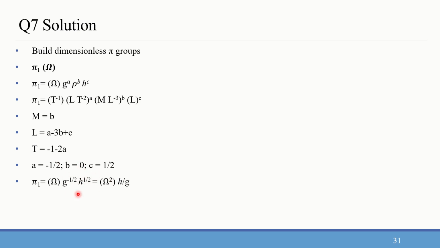Instead of having h by g to the power of 1 by 2, we are squaring the whole term, so sigma square h by g. Or else sigma into h power 1 by 2 divided by g power 1 by 2. That is also right. That is not a wrong thing, but this is also right.